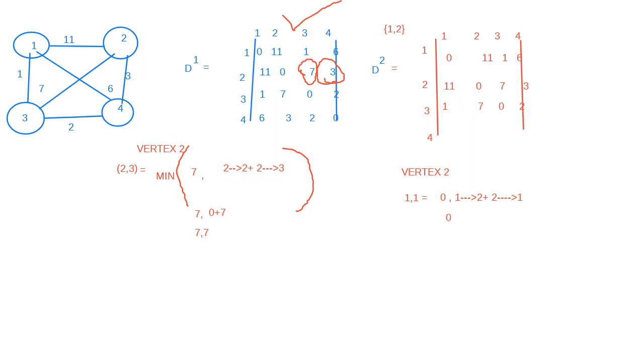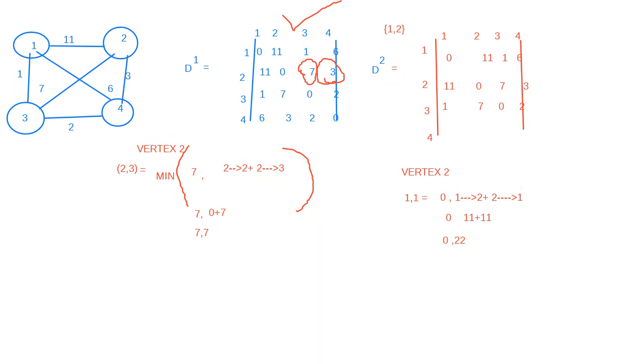It is again 11. So 0 and 22, which one is minimum? 0 is minimum. Yes or no, Mohit?